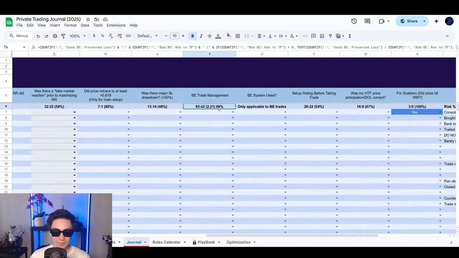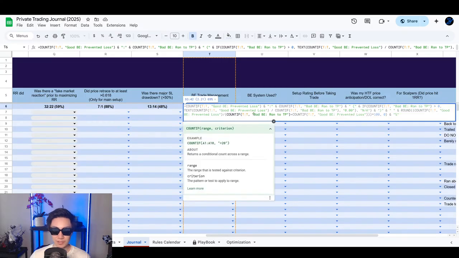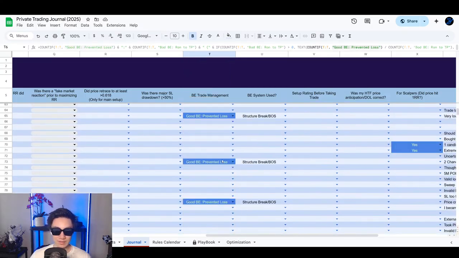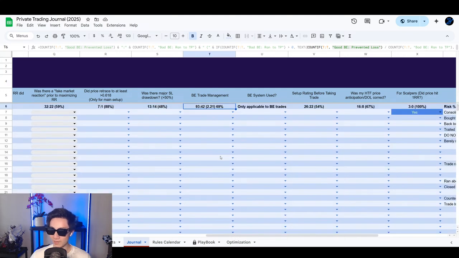About 70% or 69% are good break evens. The other 31% are bad break evens, meaning the price later actually hits my break even and then goes to TP. So that's what those mean.